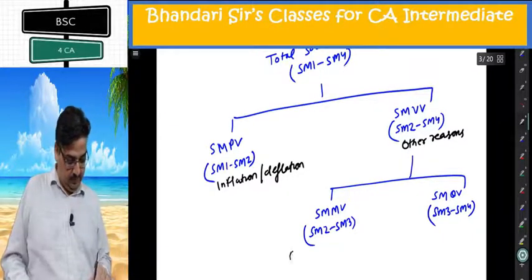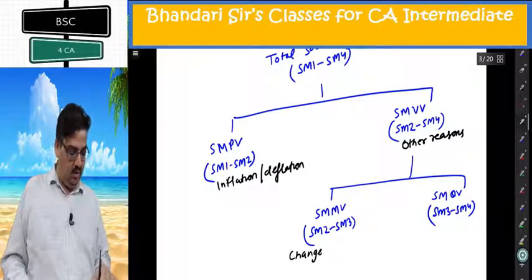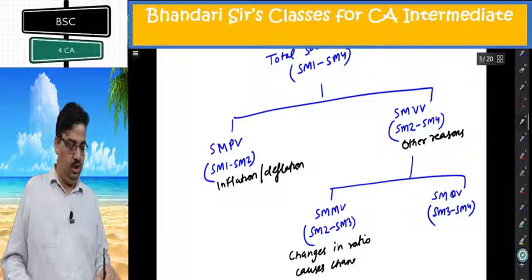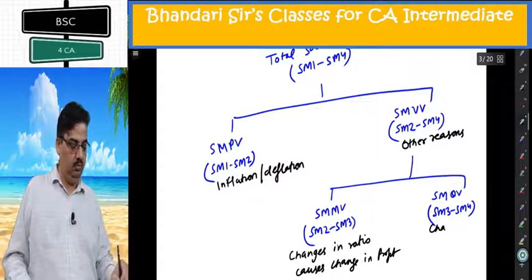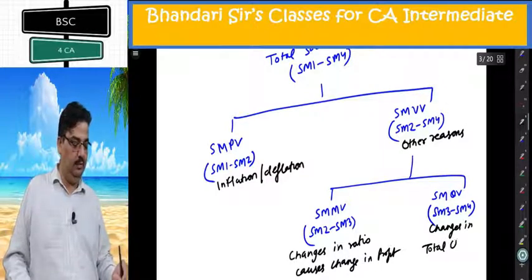So this is changes in ratio causes change in profit. Changes in total quantity causes change in profit.